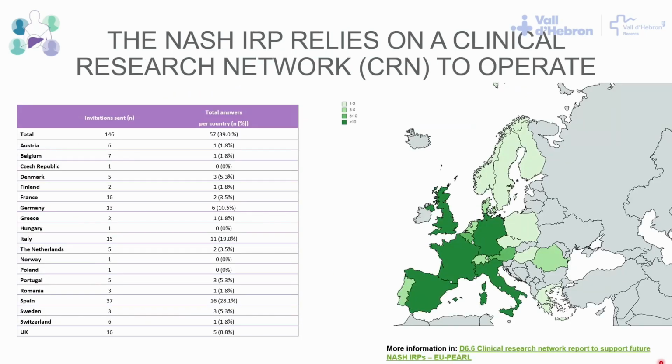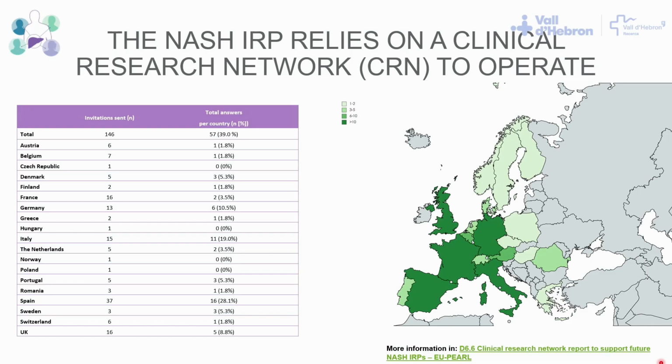Besides a master protocol, to perform a platform trial it is necessary to have a clinical research network. A clinical research network involves not only the researchers and clinicians that recruit patients in the trial, but also the sponsor, the CRO, the drug owners, and all the stakeholders involved. To assess the interest of different researchers in the UK and Europe, we sent out an interest survey to almost 150 researchers in Europe and the UK.